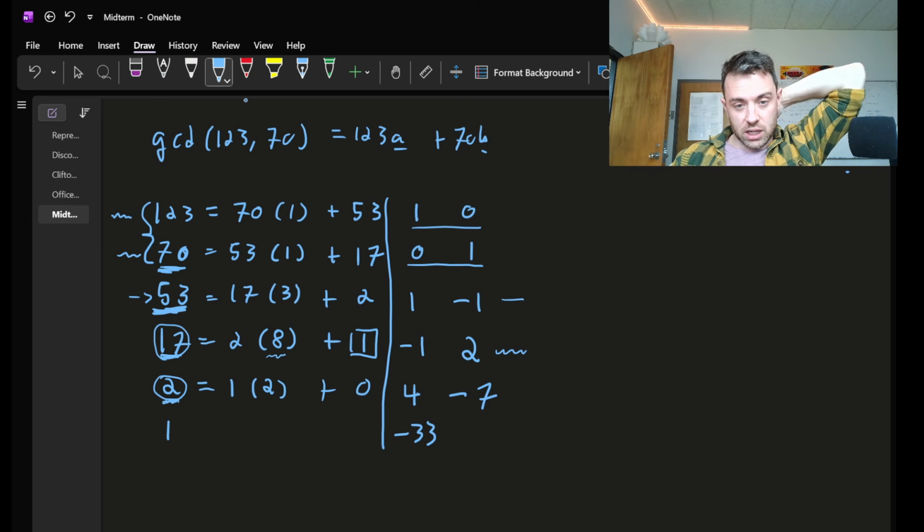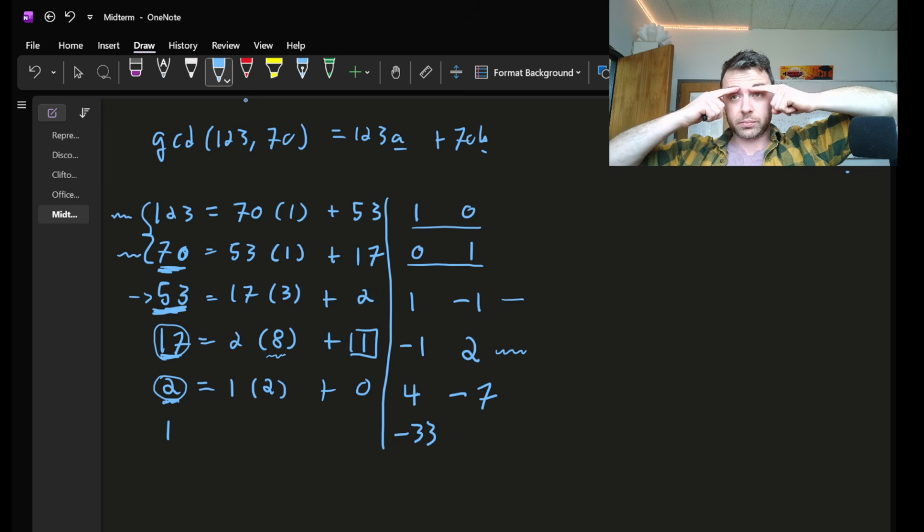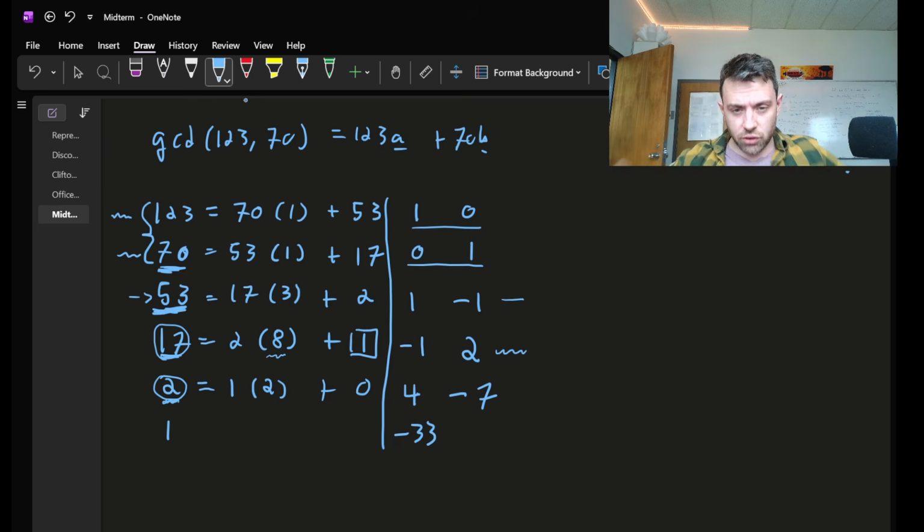And minus 7 times 8, 7 times 8 is 56. I'm subtracting that off, so it should be positive 58. And okay, so that should be our answer.